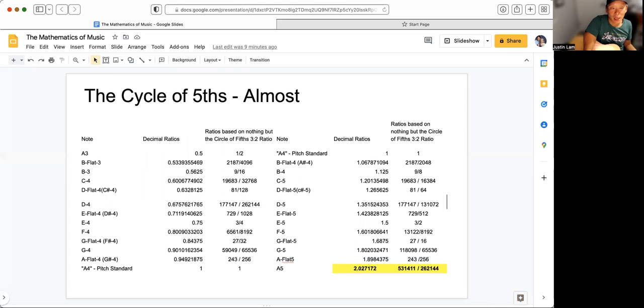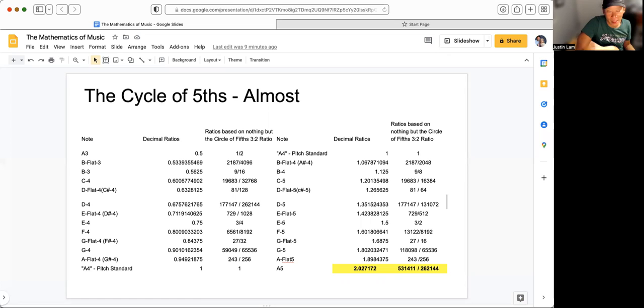In fact, if you can see here, it gets a little bit messy. If I look at A4 and the relative notes one octave below and above, as I start calculating against that 3:2 ratio that keeps on changing every fifth, then I go to fourths, eighths, sixteenths, 32nds, and pretty soon I'm increasing my denominator by orders of magnitude of 2.